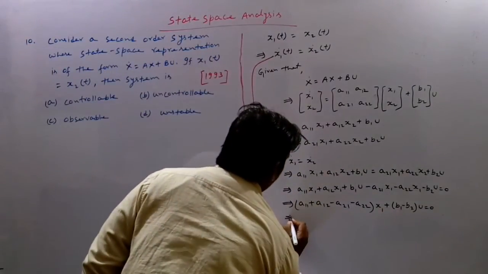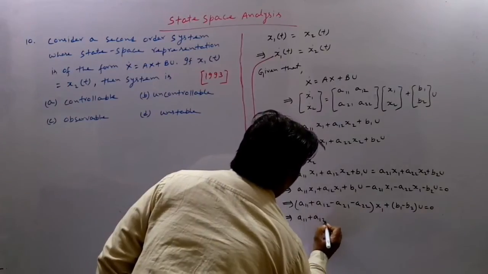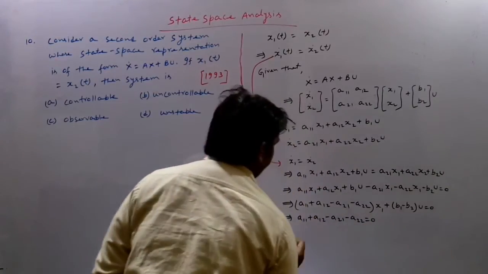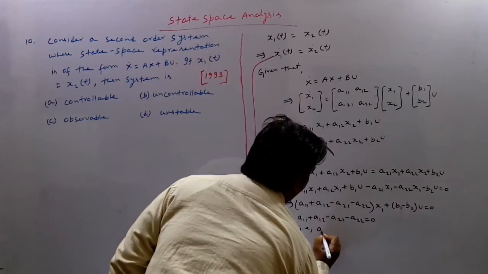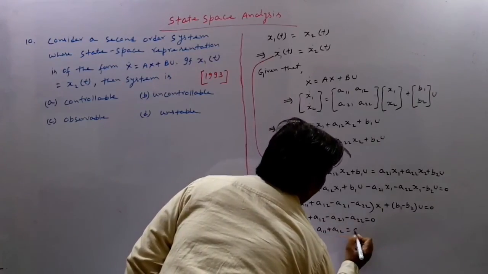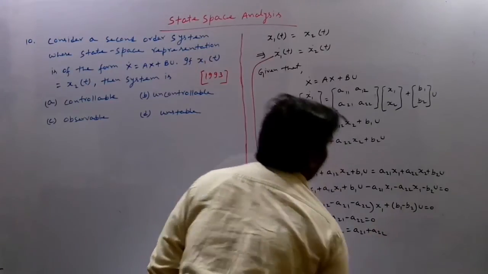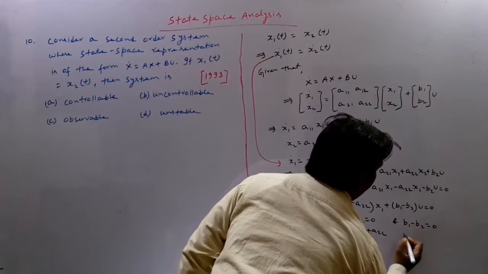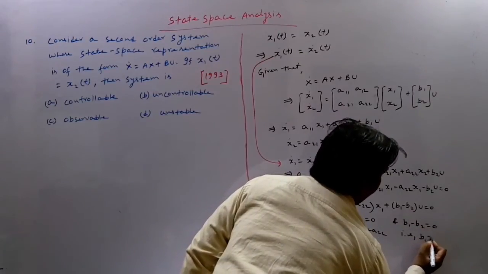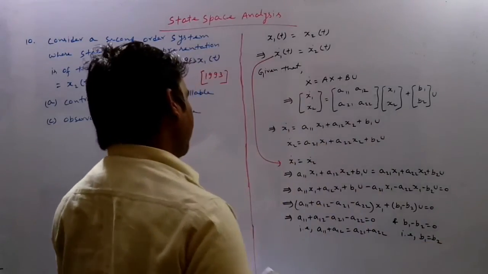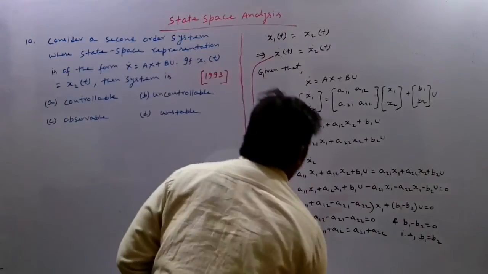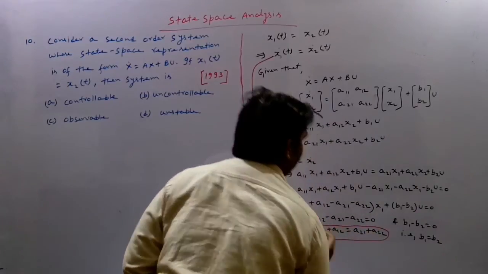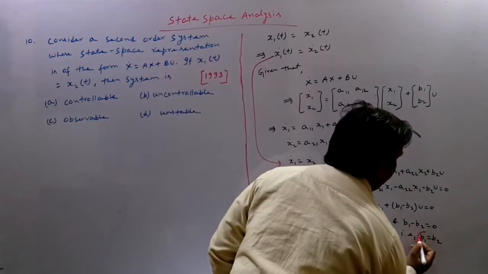This implies a11 plus a12 minus a21 minus a22 is equal to 0, that is a11 plus a12 is equal to a21 plus a22. And from here b1 minus b2 equal to 0, that is b1 equal to b2. So now we are with the conclusion that a11 plus a12 is equal to a21 plus a22 and b1 equal to b2.